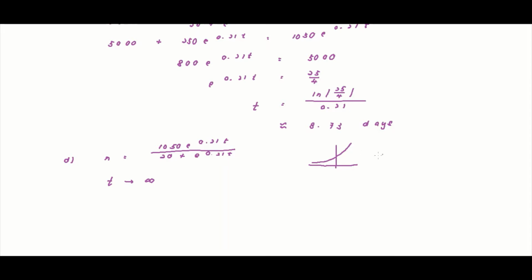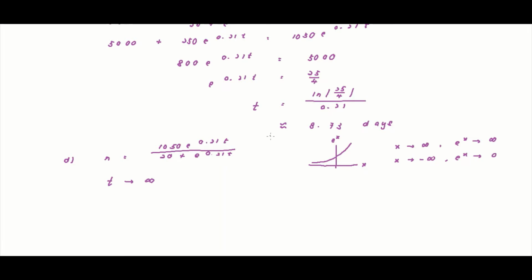If this is your x, this is your e^x, when x is approaching infinity, your e^x will be approaching infinity as well. But when x approaches negative infinity, to the left-hand side, then your e^x is approaching 0, right? For this case, of course, we can't prove that your N will become infinity. We need to prove that it will be at 1050.